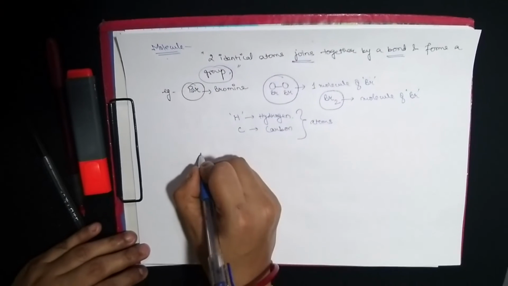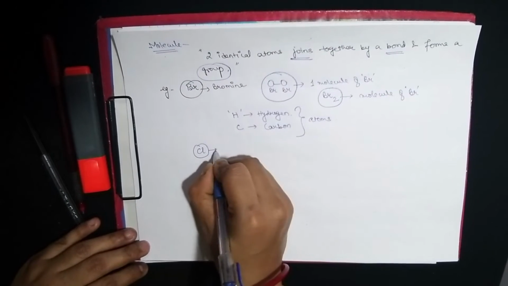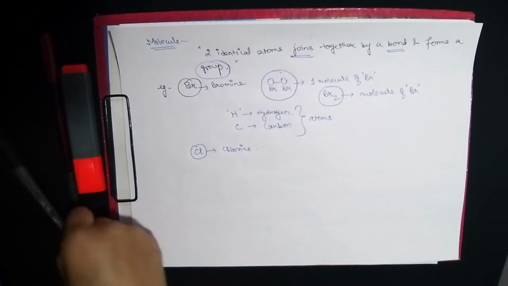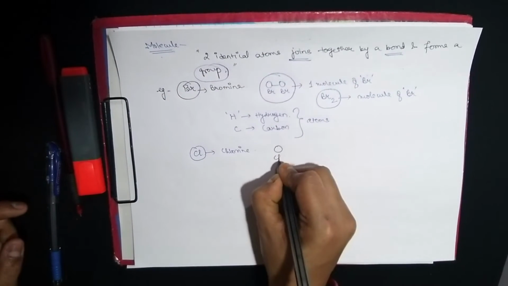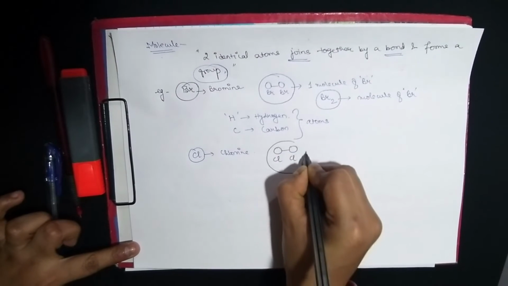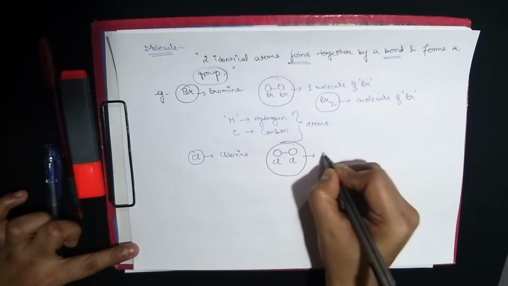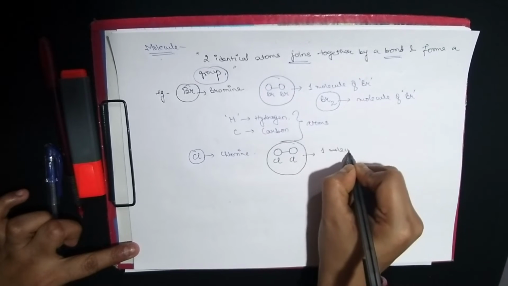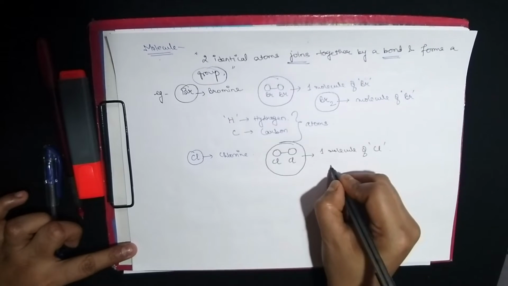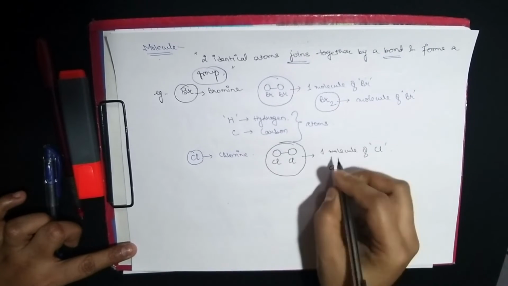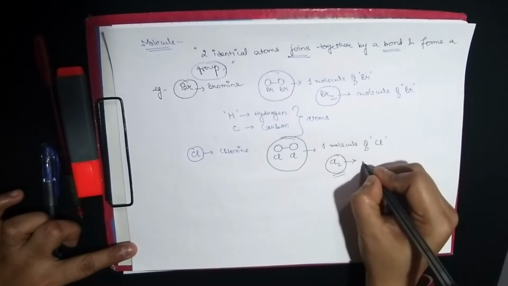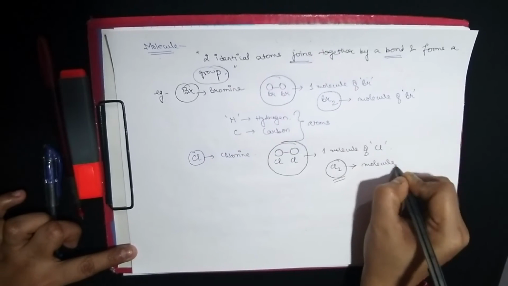Let's take another example, chlorine, Cl. This is chlorine. When one chlorine atom joins together with another chlorine atom, they form a group. This group is called one molecule of chlorine, which we represent as Cl2. This is not an atom, rather this is a molecule of chlorine.